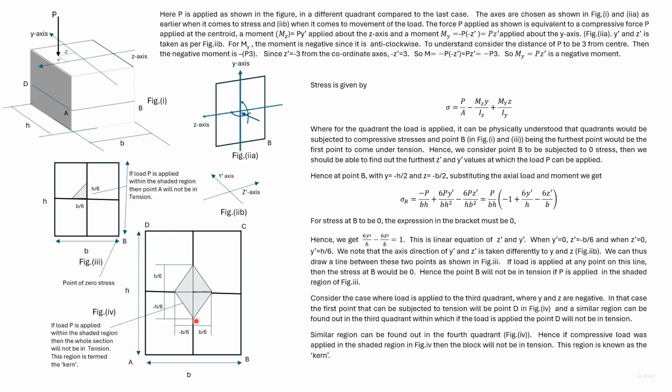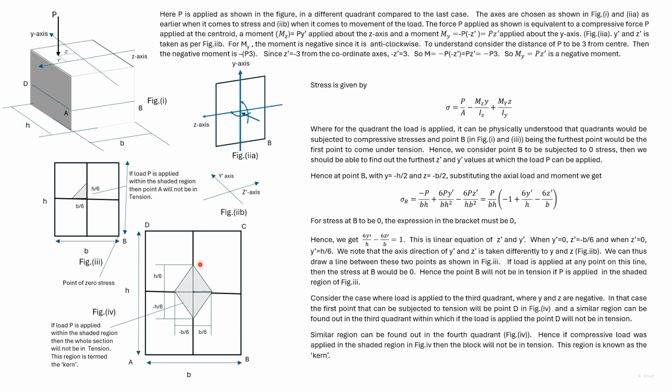Similarly, we can find a line here in the fourth quadrant, considering the stress at D to be 0. This whole shaded region is called the kern. If load is applied anywhere within this shaded region, then the whole section will be in compression.